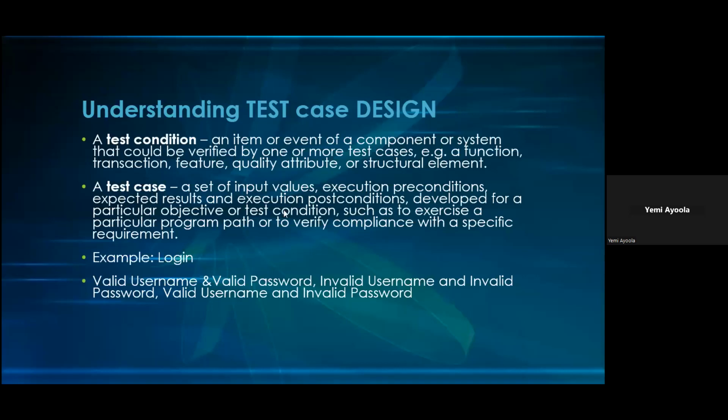So that takes us to this next one, which is test procedure specification, which we call test script. What is a test script? A sequence of actions for execution of a test case. Remember, our fundamental process has five phases.